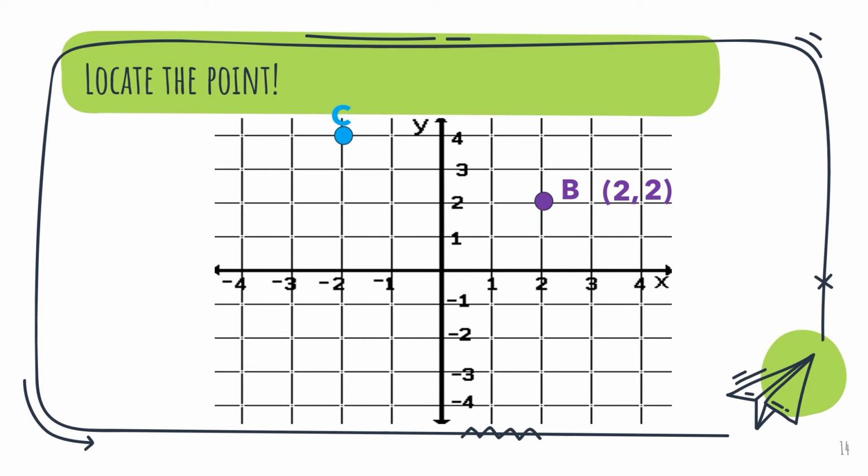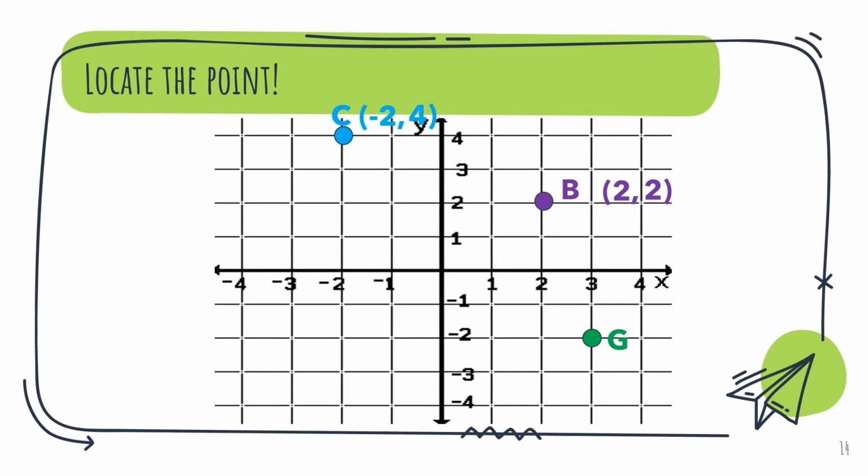Next we have point C. What is its coordinate in the x-axis and in the y-axis? Point C is located at quadrant 2. The sign is negative, positive. Therefore, it is 2 units to the left and 4 units upward. Point C is located at (-2, 4).